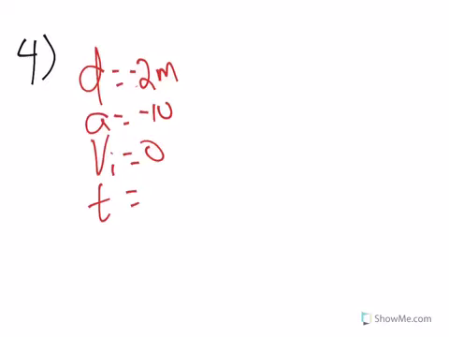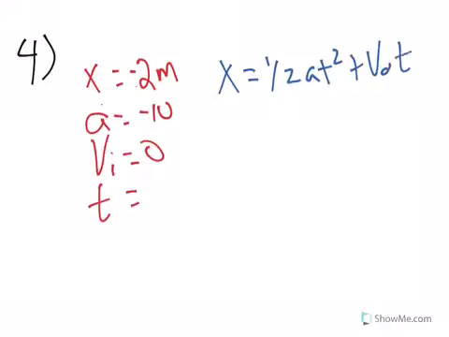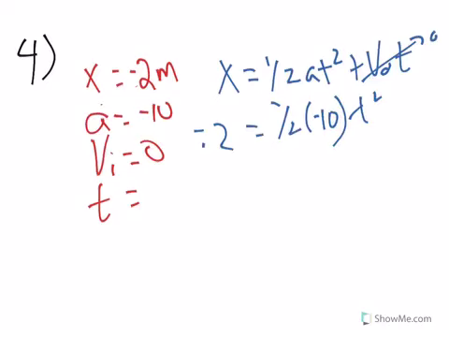So, I should change this to x, I'm sorry. There we go, x. So, we know this information. What we're going to do is look for the formula that will work, and the formula that will work is x is equal to 1/2 at squared plus v naught t. We know that's 0, so we're left with negative 0.2 equals 1/2 times negative 10 times t squared.